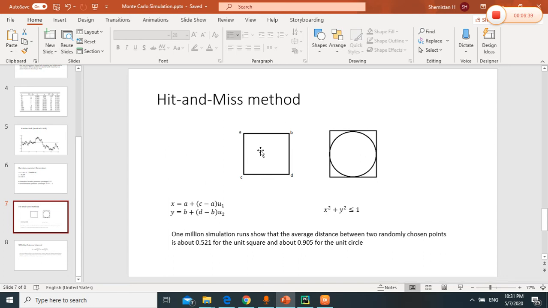It is this simple. Roughly, here we have 1 million simulations, and the average distance is roughly 0.52 for the square, and 0.9 for the circle.